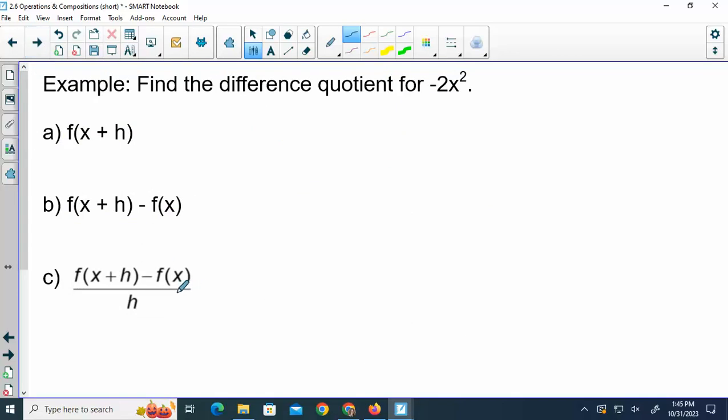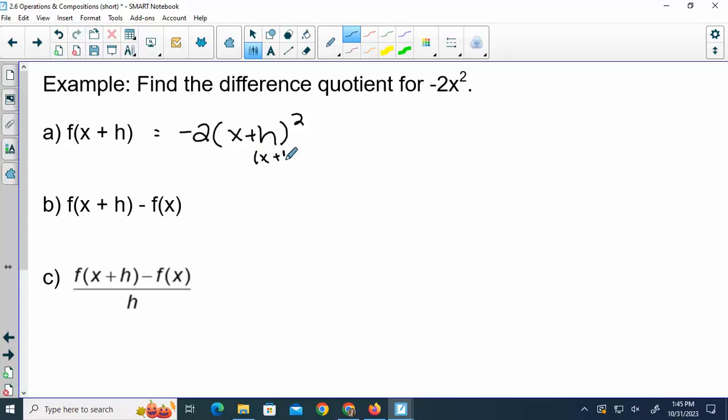Let's try another. So my function is negative 2x squared. So f of x plus h says you go to this, we replace the x with x plus h. How do you square that? You actually do it over.